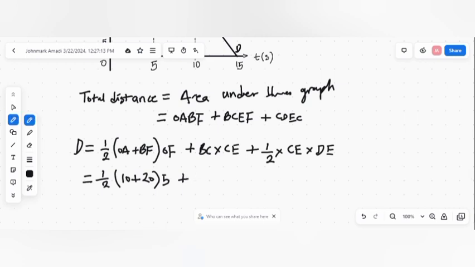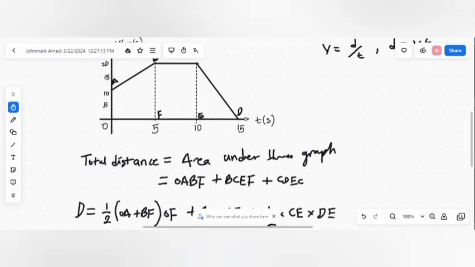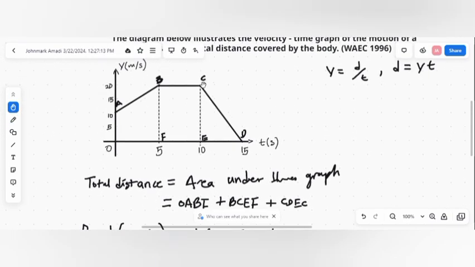Plus CE times DE. Let's extract that. Our CE, from here to here, is 20. Our DE, from here to here, is 5.